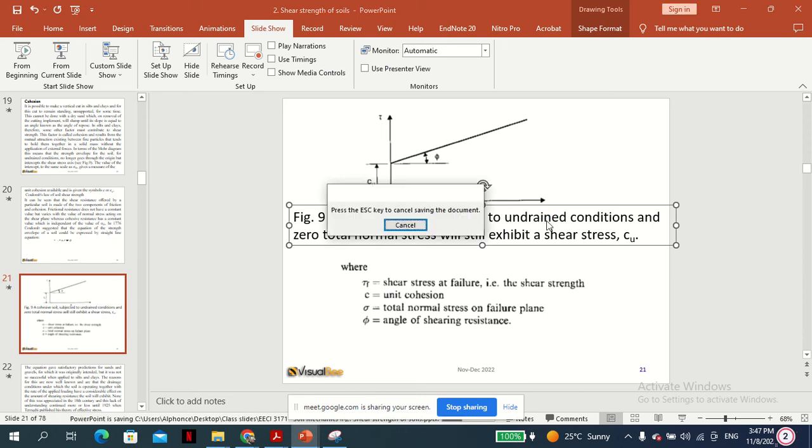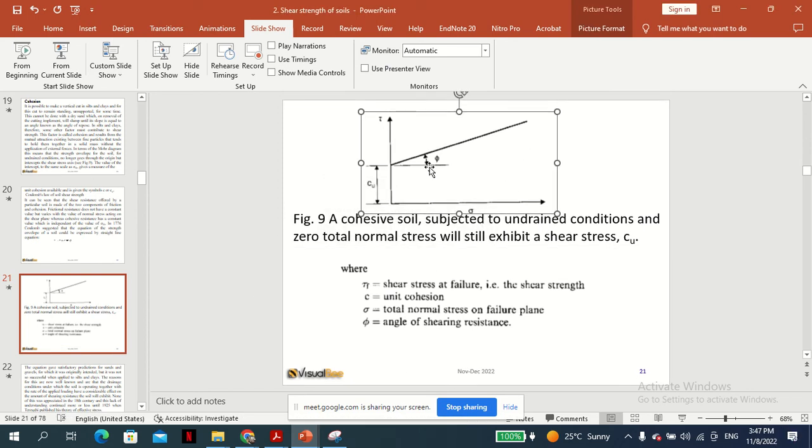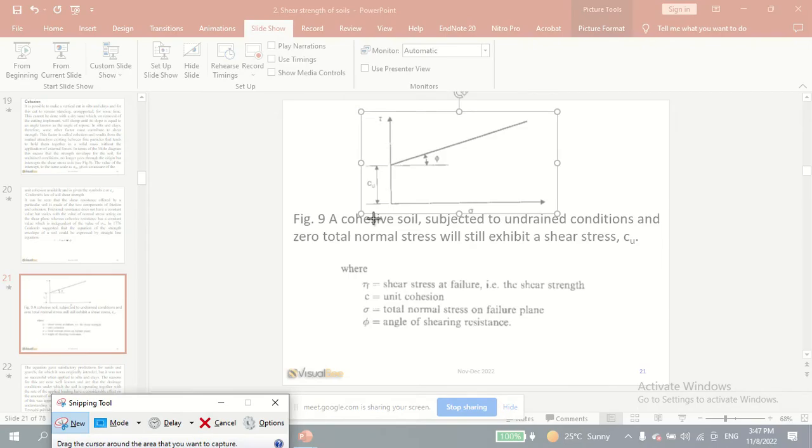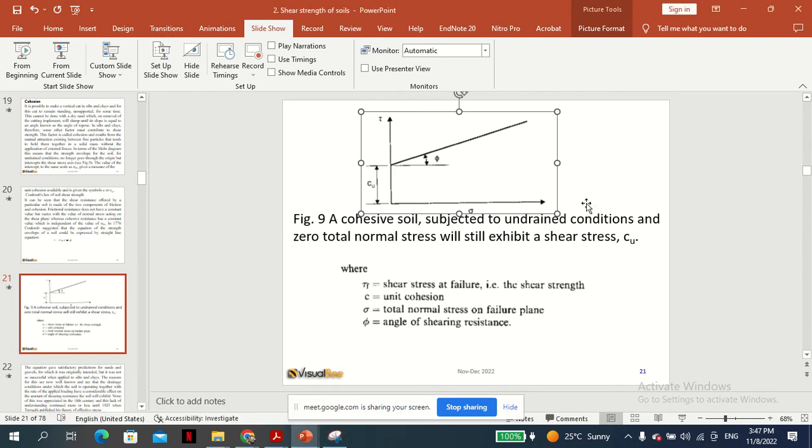I think this is not very right. I need to correct this. Let's just call this C for now, and not Cu, because Cu is something else.